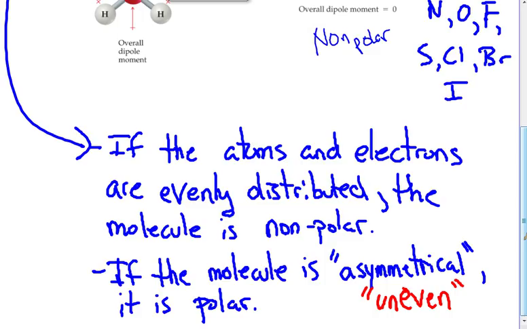Yeah, they'd be balancing each other out. Whereas here, the green atom is not being pulled by the white ones evenly because they're both going up. They're not actually opposites of each other. And that's because of these extra electrons on it. So symmetry is a good way of deciding whether or not something's polar or not. If something is off balance or asymmetrical or uneven, it's then going to be polar.